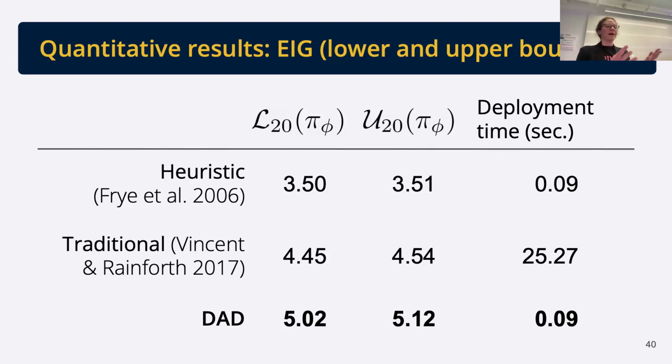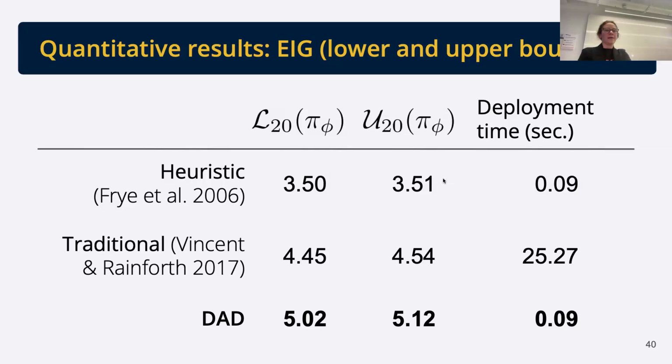Again, this has been developed by actual psychologists that run these experiments in practice. And here I'm showing the lower bound and the upper bound on the expected information gain. And as I said, this gives us a way to quantify how biased these things are. And as we can see, they are pretty tight, right?